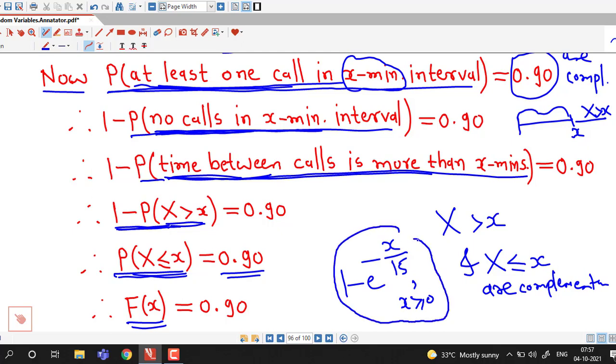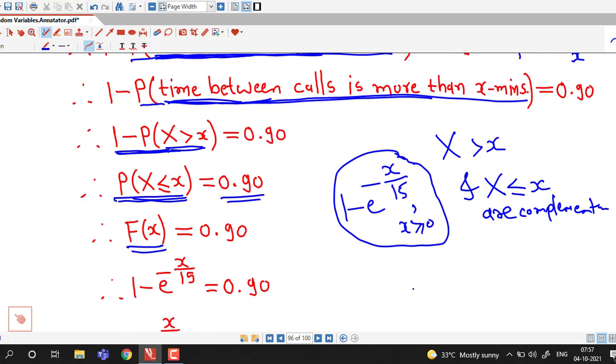And we know that we can measure time in non-negative units only. So we replace F(x) by 1 minus e raised to minus x by 15 equal to 0.90. Now it is easy; we have to solve this equation to obtain small x.